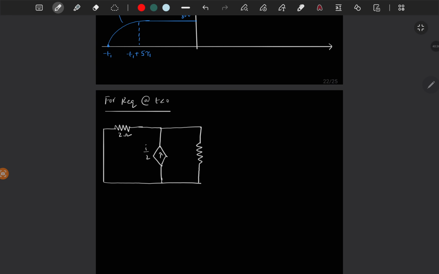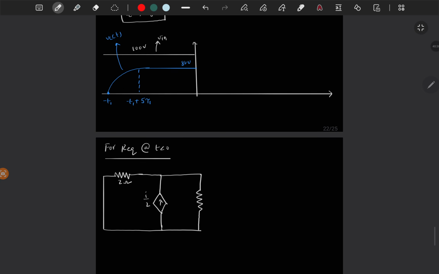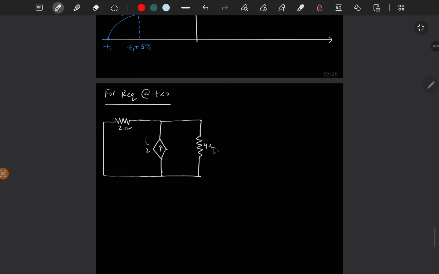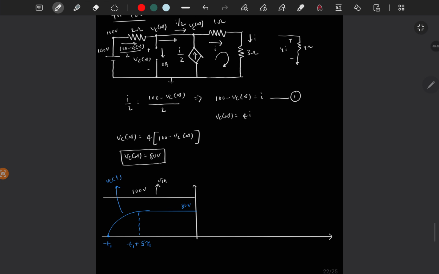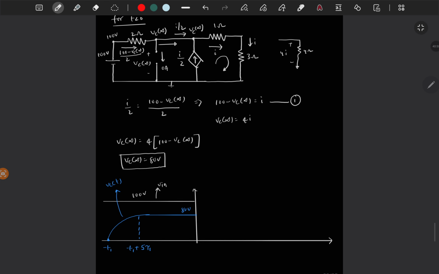I am just combining those two resistors, it is 4 ohm, and we have current flowing through that resistor is I, and this is dependent current source, and this is 2 ohm.